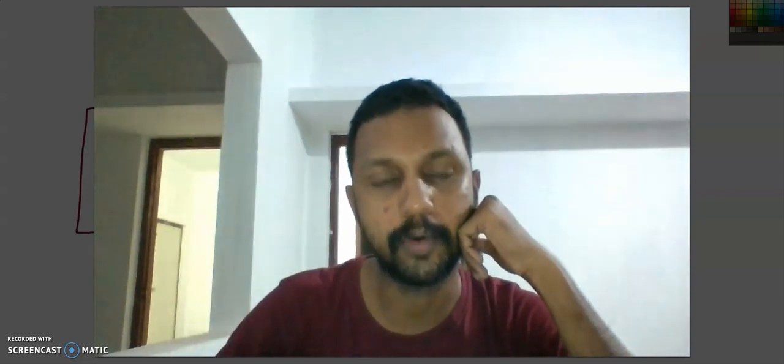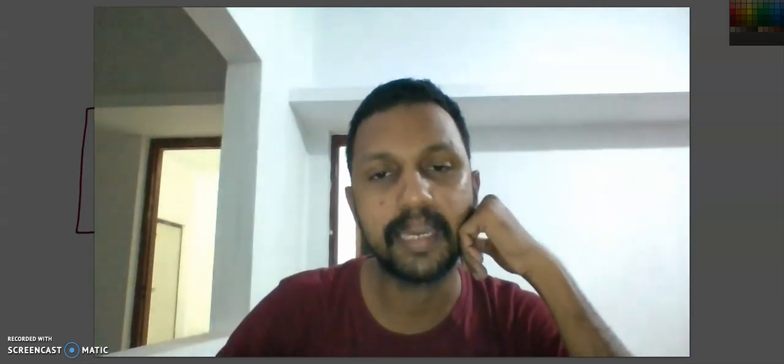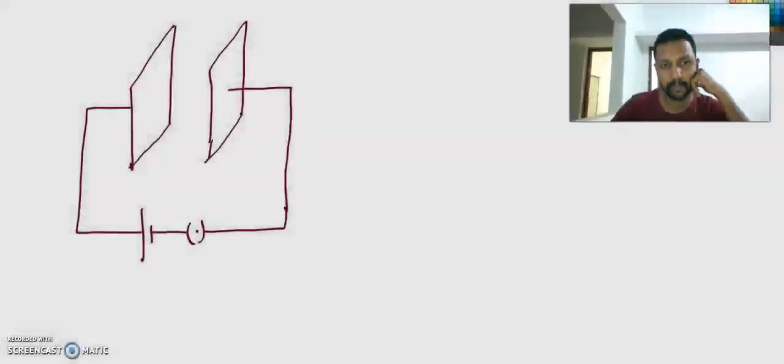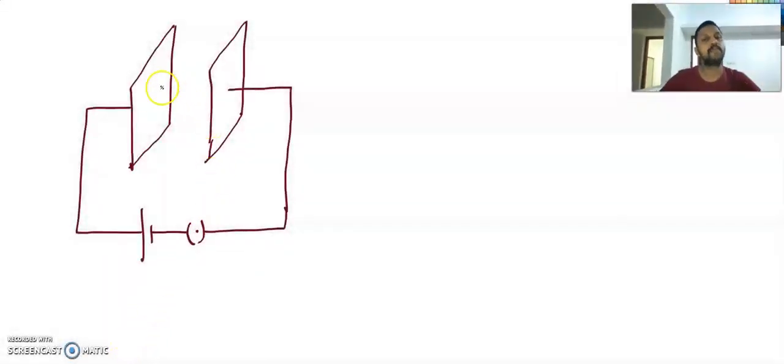We are going to discuss about parallel plate capacitor. Okay, then moving on to a parallel plate capacitor, you could see a diagram over here. These two sheets are two parallel conducting sheets. This is one sheet and this is another sheet.